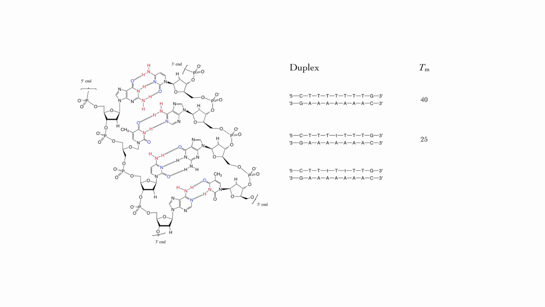Now what happens when we put 2 of these open-chained glycerol units in? The melting temperature falls to really quite low, 13 degrees. And if we put 2 together in the sequence, the melting temperature falls to just 11 degrees.